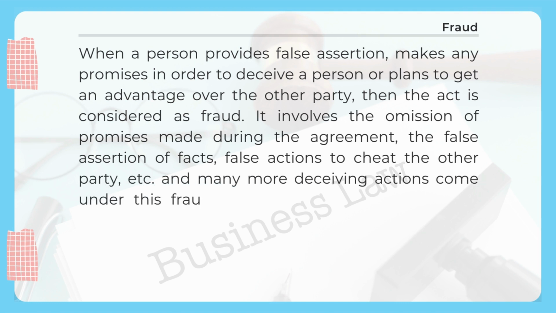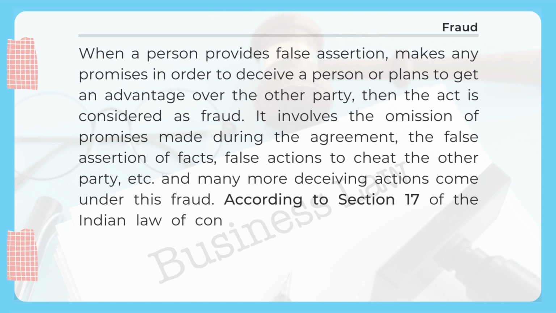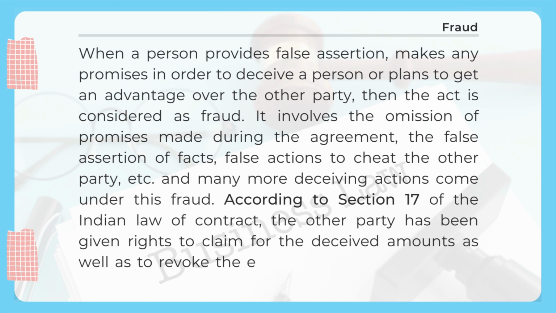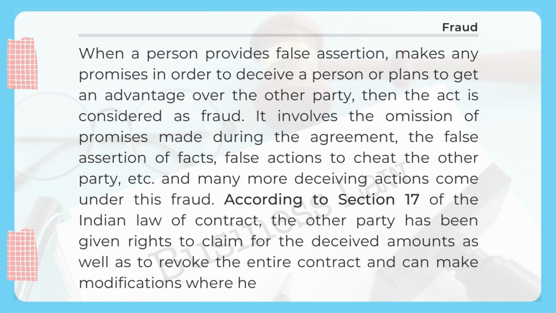So, fraud means complete omission of the promises made during the agreement, the false assertion of facts, false actions to cheat the other party, and many more deceiving actions come under fraud. According to section 17 of the Indian Contract Act 1872, the other party has been given rights to claim the deceived amounts as well as revoke the entire contract as well as claim the damages.